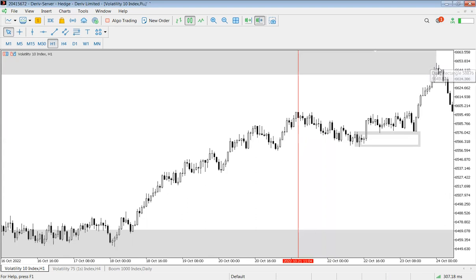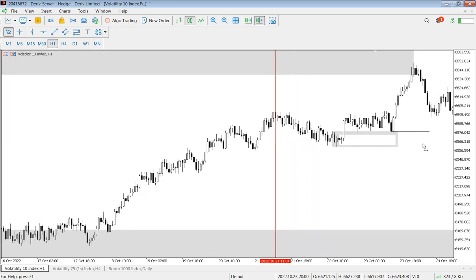So how do you join this sell now? You wait for price to break this low, and here is still intact. Price might react here later. I don't know, so let us wait.